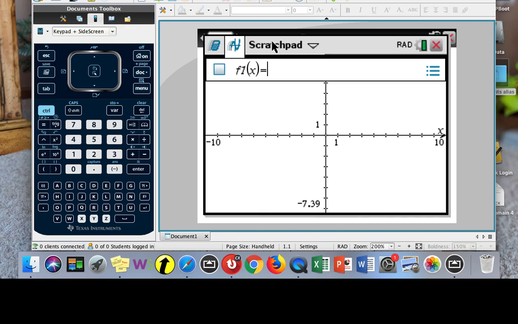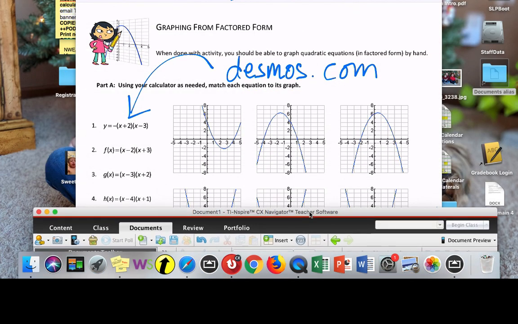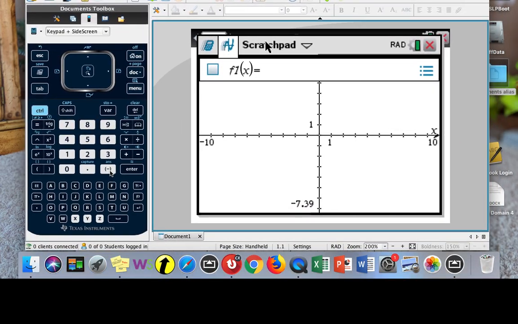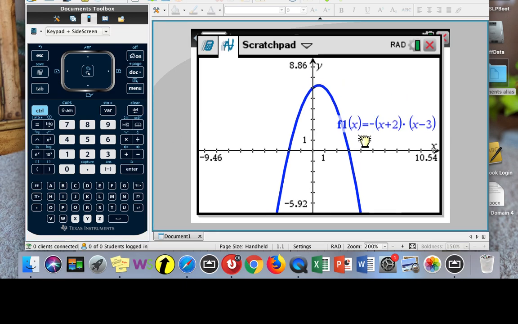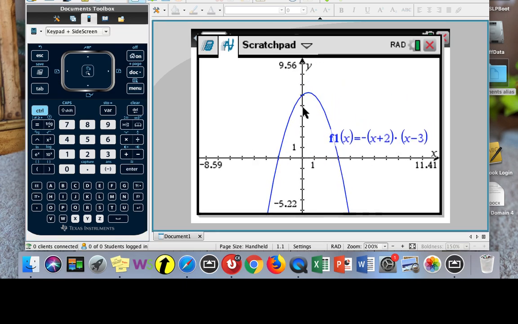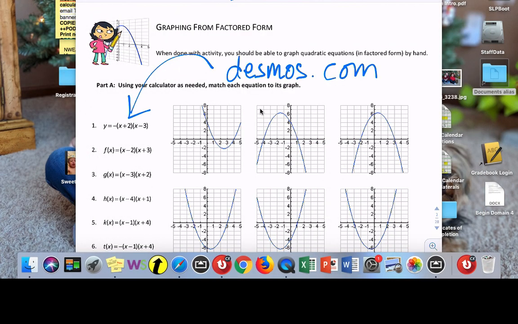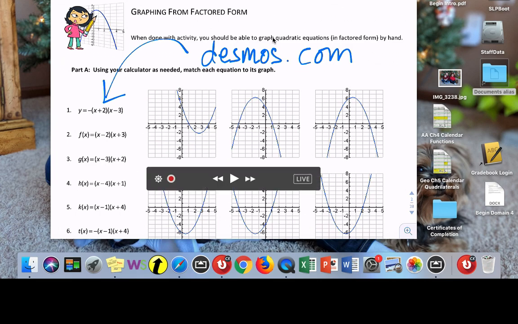I usually use the Scratchpad graph, and you type in, so for example, the first equation is negative, so we put the negative, and then x plus 2, close our parentheses, and x minus 3, parentheses here, hit enter or graph. You can see what the graph looks like right here and then match it up to one of the graphs on your paper. So you're going to do that.